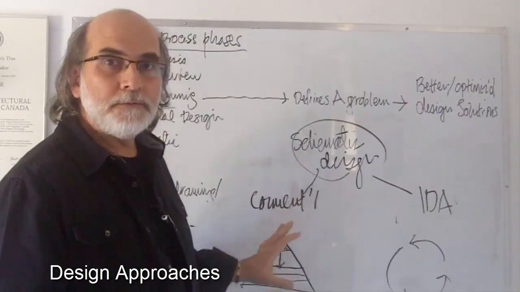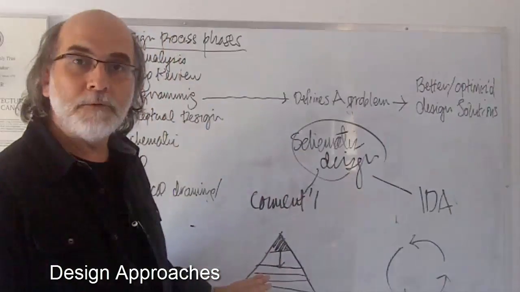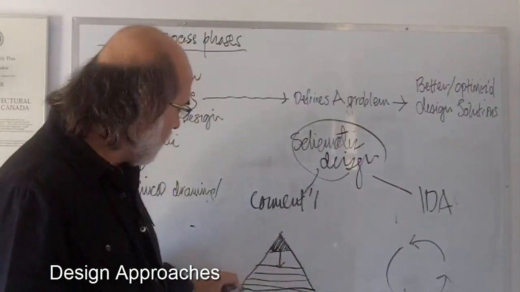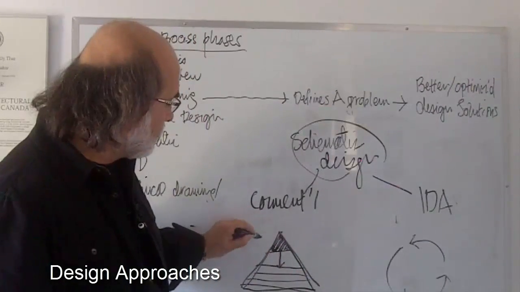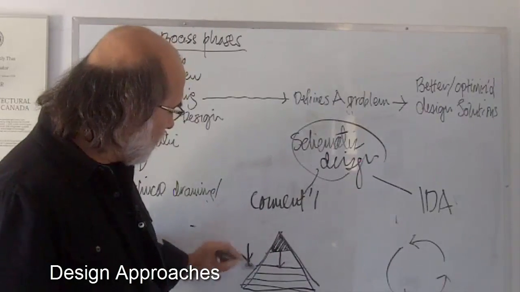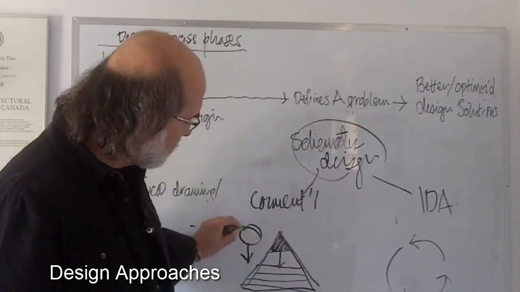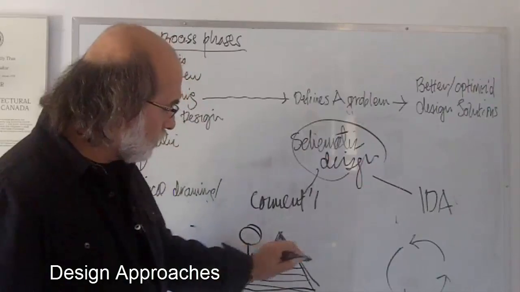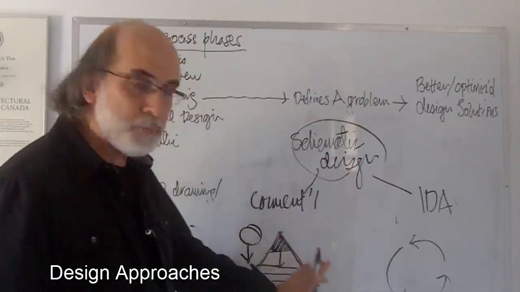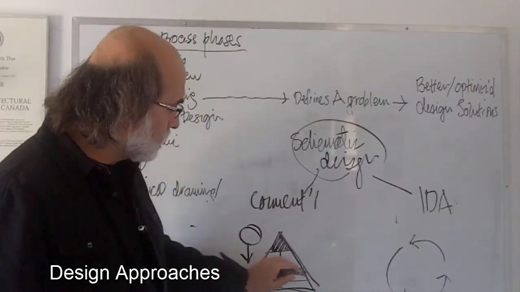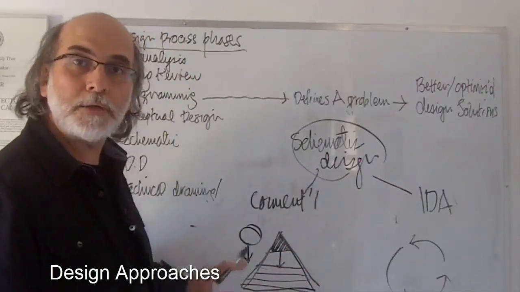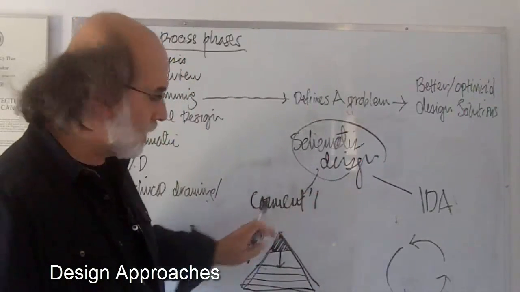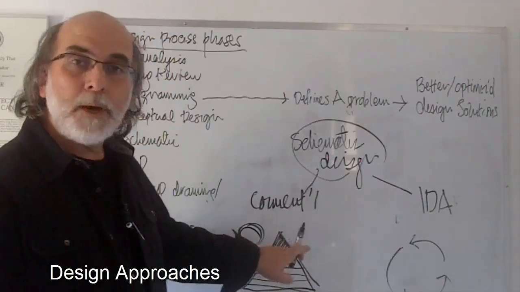However, there is a lot of concern about this methodology, the conventional, where the architect becomes kind of a pyramid structure, where there is a head that makes the decision, and those decisions trickle down to the other strata of the pyramid, meaning the consultants and the tradesmen and the contractor and so on and so forth. So all the design decisions in the conventional schematic design are made by the architects.